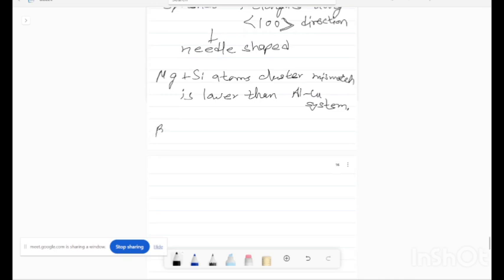So if we talk about the coherency, GP zones are coherent, beta prime is semi coherent, and beta, the equilibrium phase, is incoherent. So beta prime is the rod shape, and beta is the plate shape.